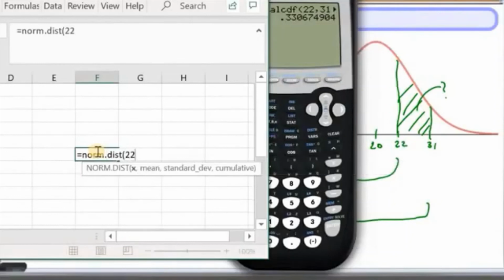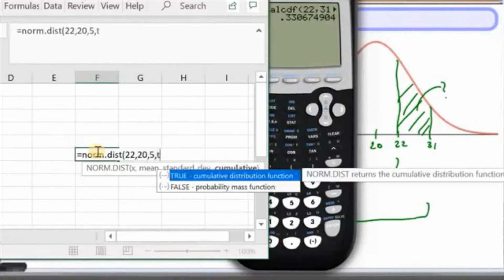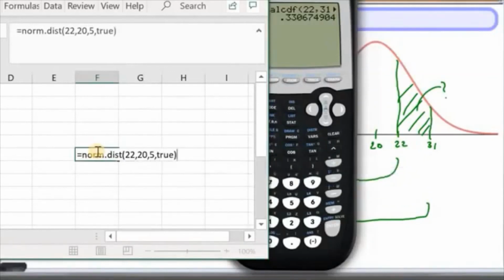Our mean is 20 and our standard deviation is 5. Then we will type true since we are trying to find the cumulative area up to 22. Then close your parentheses, then hit enter. This is the area to the left of 22.